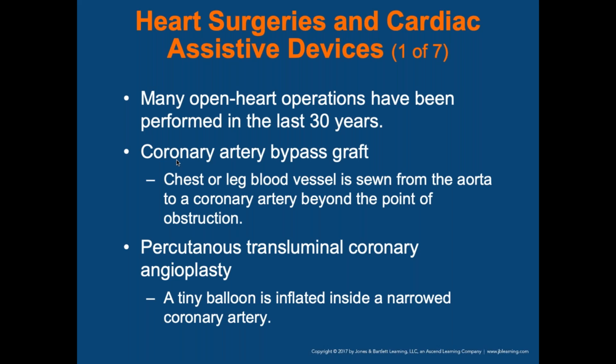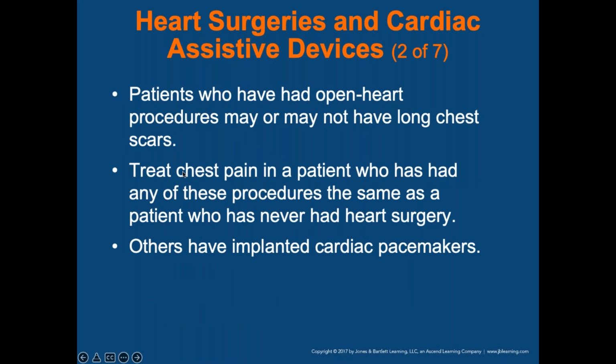A percutaneous transluminal coronary angioplasty uses a tiny balloon which is inflated inside a narrowed coronary artery. Patients who have had a bypass procedure may or may not have a long scar in the chest, right? So treat chest pain in a patient who has had any of these procedures the same way you would treat chest pain in a patient who has not.